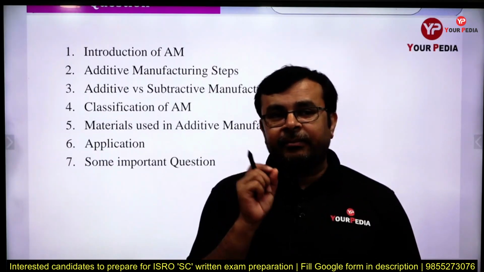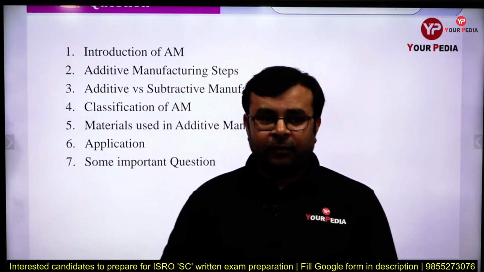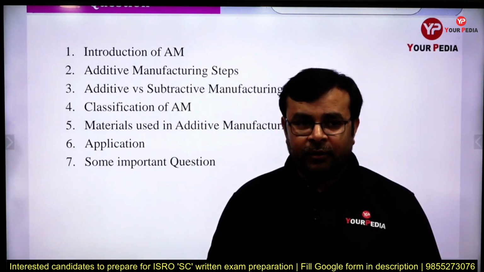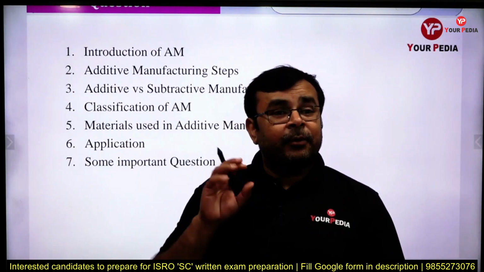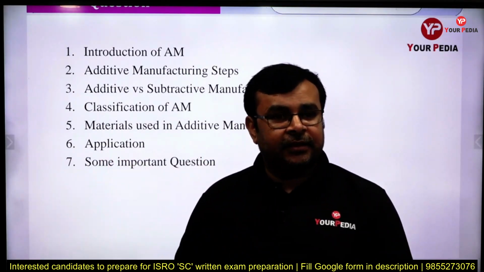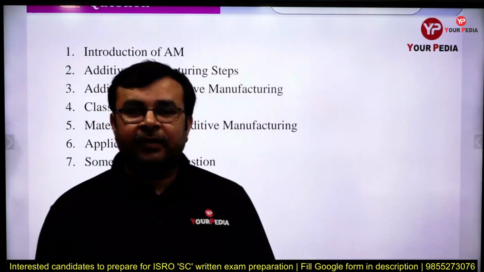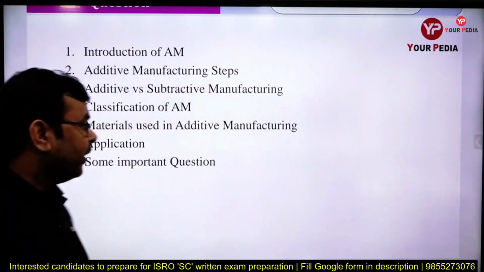This is a very important key point. Then the detailed classification of additive manufacturing, the materials used, and the applications of those processes, because we have several processes. And some important questions which were already asked in previous exams and may also be asked in upcoming exams. So, let us see one by one.